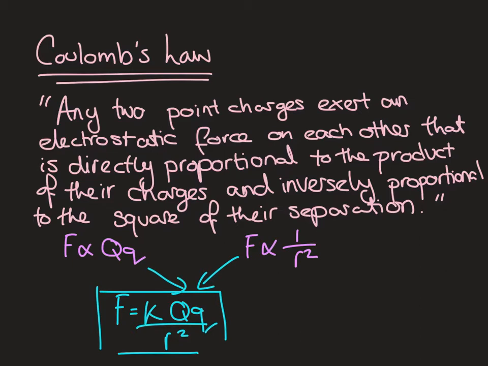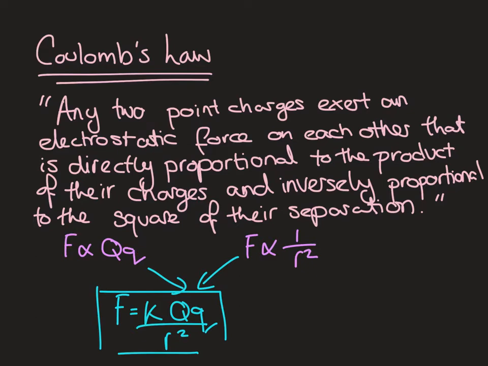Now, if we think about writing those words mathematically, we're saying that the force between those two point charges is proportional to the product of their charges. So large Q here would be the charge of one of the charges and little q would be the charge of the other one.